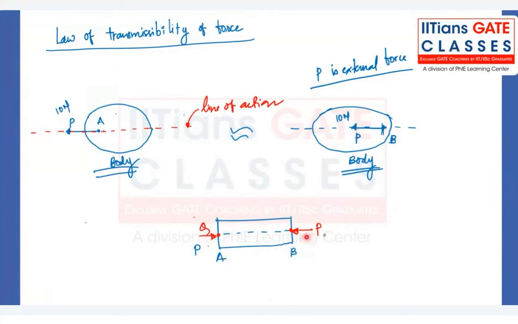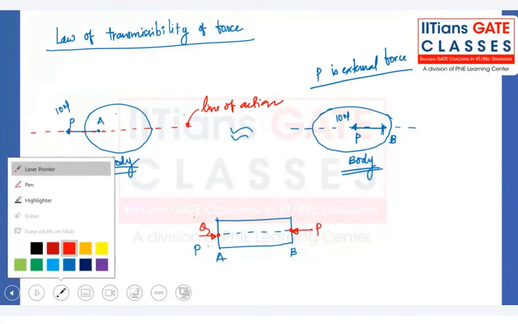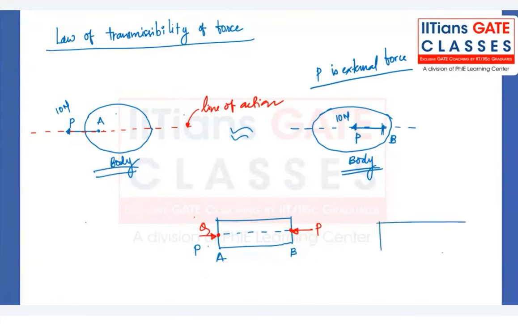Okay, and how will it look if we do that? Q will be here and P will be here, right? Both are satisfying the condition of the law of transmissibility of force, because we have kept the same magnitude, same direction, and same line of action.